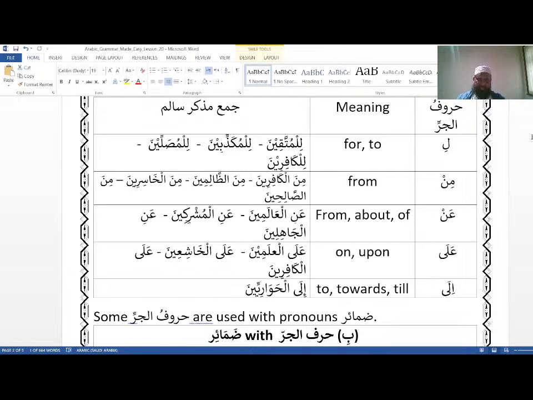Now, because we're going to use ضميرs with حروف الجر, the ضمير will be in place of حالة الجر. We'll be using the حالة الجر ضميرs. So let's take the حرف الجر با and just attach those ضميرs with it.